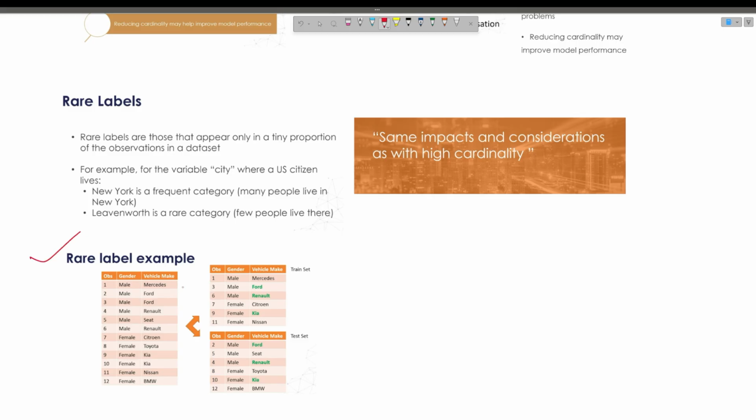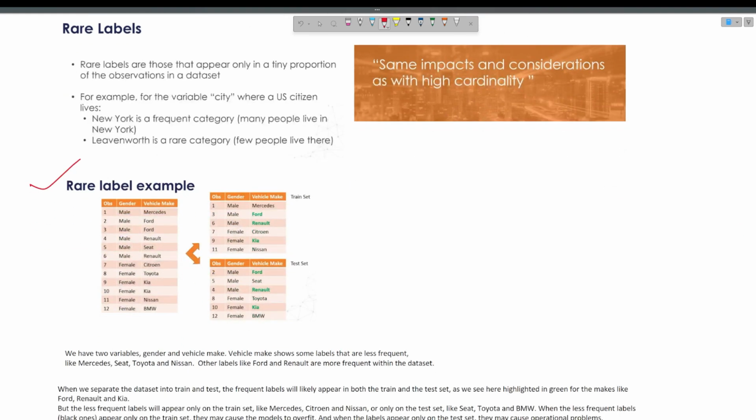For example, let's look into here for assumption. We have two variables, gender and vehicles here. The vehicle may show some labels that are less frequent, right? Like Mercedes, Toyota, Nissan. So here you can see this Ford, Renault, Kia. These are common in both train and test dataset.